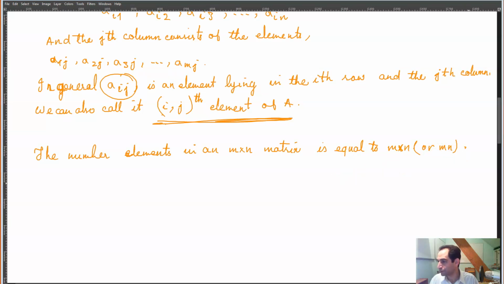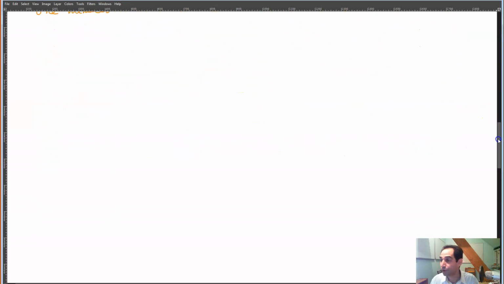Now the notation that we will use in this chapter is as follows.